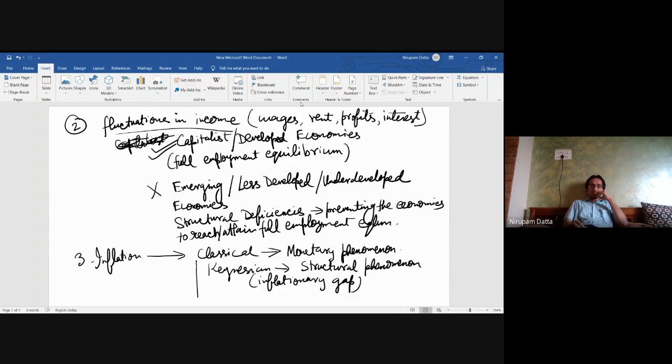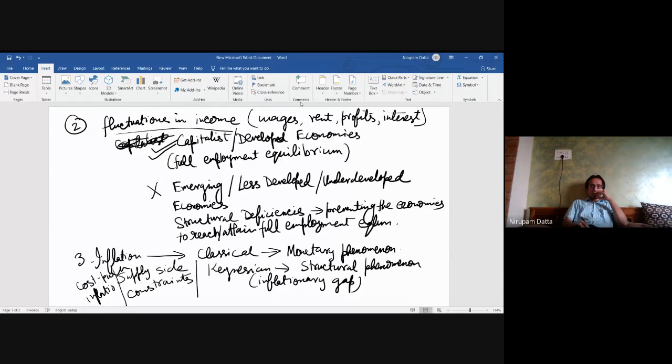Structural phenomenon means what? It has to do with the supply side constraints. So according to him, this has to do with the supply side constraints. It can also happen because of other issues, which is termed as cost push inflation. So cost push inflation happens why?